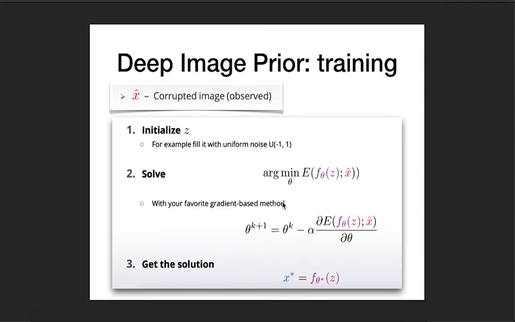Essentially, you can obviously use gradient descent, which is just very elementary mathematics: take the derivative with respect to theta and then backpropagate through it, which is the chain rule. Then we get some x hat, and eventually after this converges, we get some x star, which is a denoised estimate of this.